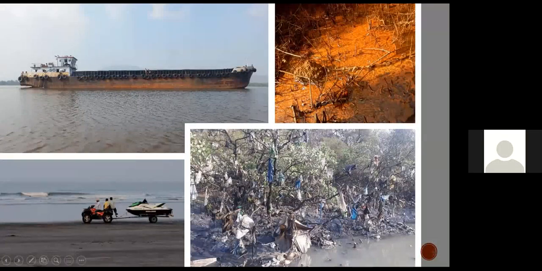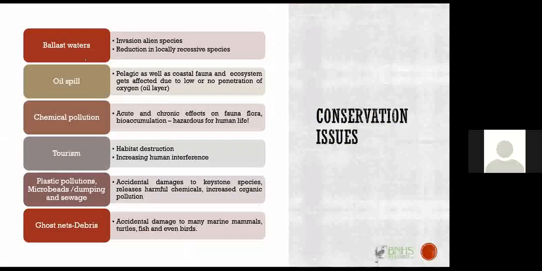So I have mentioned the marine traffic here. Another issue which is very closely allied to this marine traffic is ballast water. This water coming from different places or different areas also carries some individuals or some species which can survive here, and they outcompete the local species.